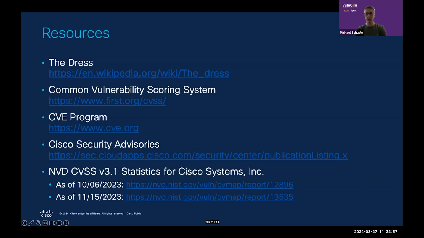That's not something that we're looking at here. We are not talking about risk here. The risk assessment is something that our customers will need to make based on the impact of the vulnerability, based on our score, and based on how it is used in the environment. That's not something we as the vendor can do.